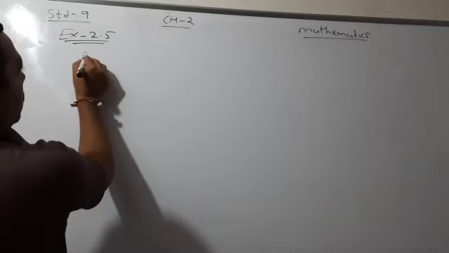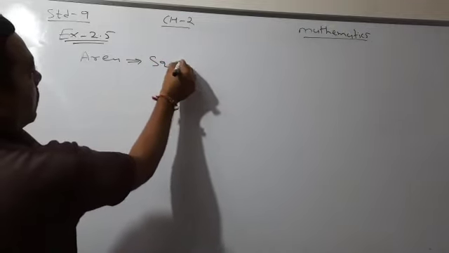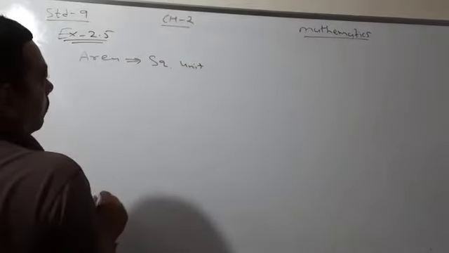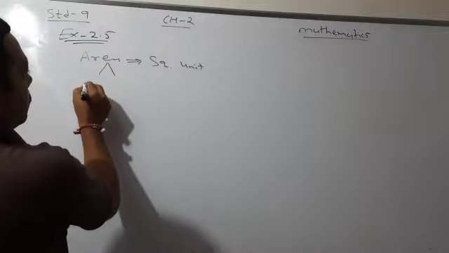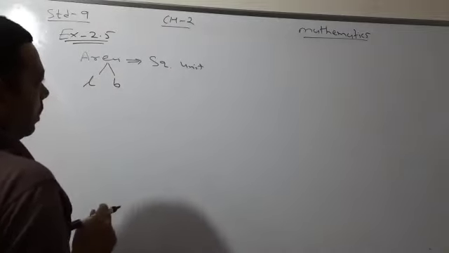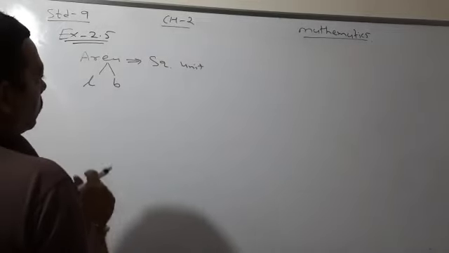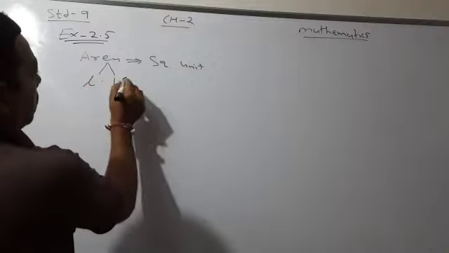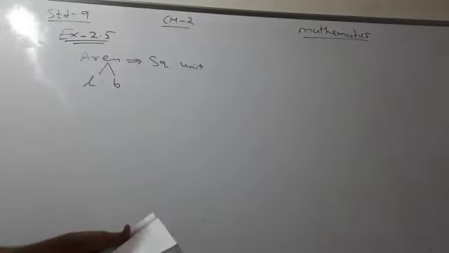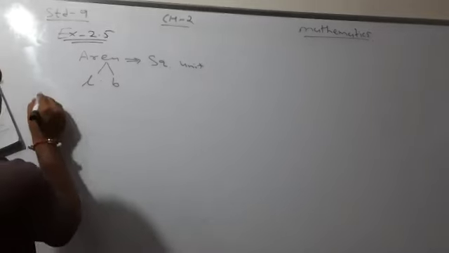You might remember that area is always in square units. Why square units? Because it is based on length and breadth. So area is nothing but the product of length and breadth.